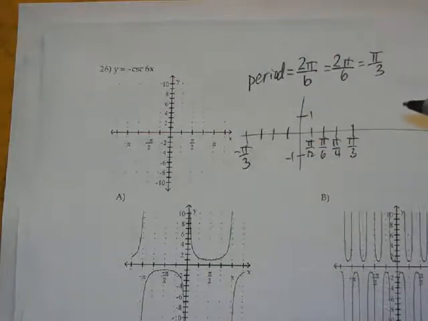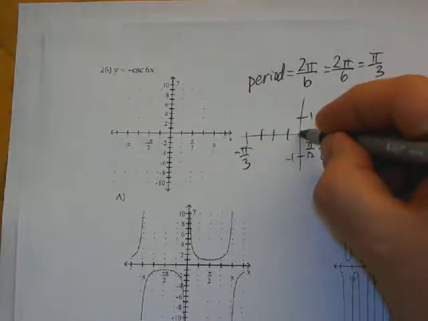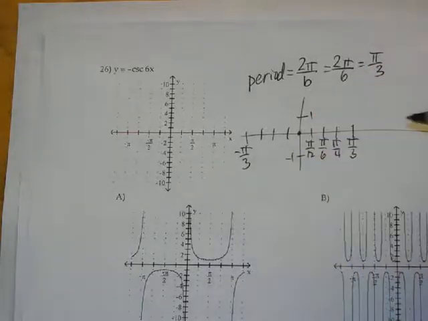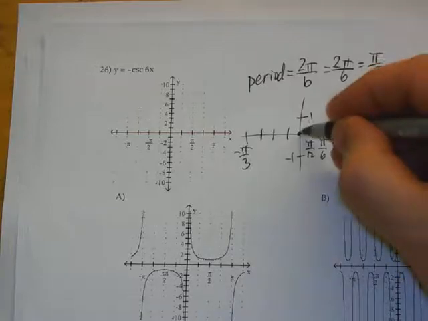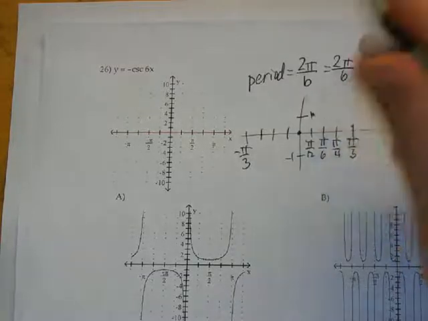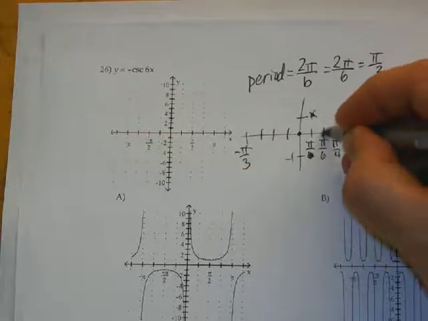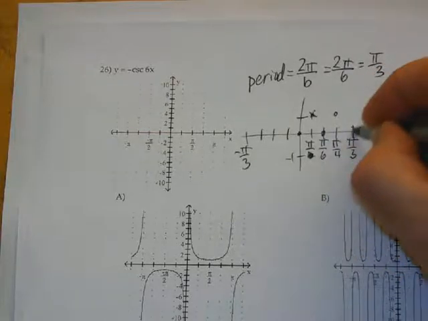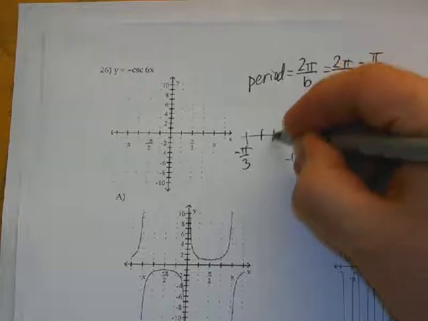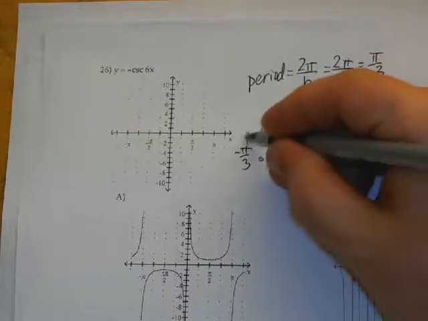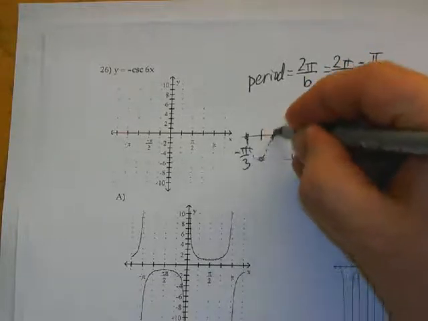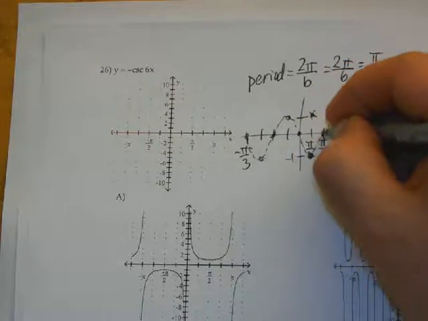So with cosecant, since it's the reciprocal of sine, we're going to draw that first. And so we'll have our little, since it's a negative in front, we start going down. We sketch the sine curve.